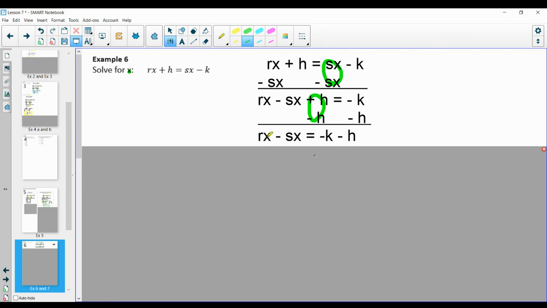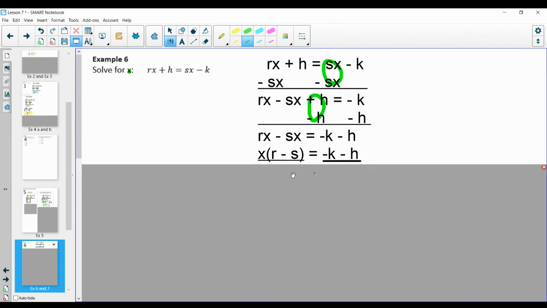Okay, so now my x terms are all on one side, but I now want to get that x by itself. So how can I get the x by itself? I'm going to factor out the x. So I will be left with x in parentheses r minus s. Okay, now once again, how do I get this x all by itself?